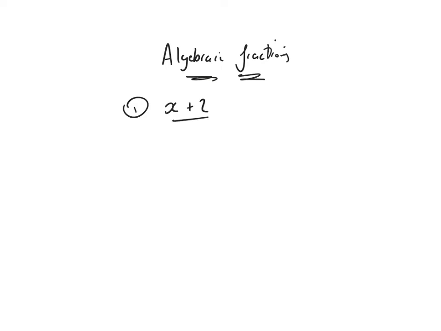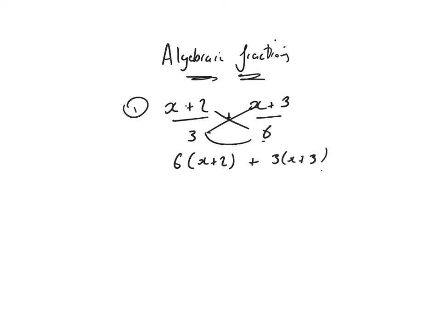Okay, x plus 2 over 3 plus x plus 3 over 6. So we're adding, so again it's kiss and smile. So x plus 2 times 6, well it's 6 bracket x plus 2, plus x plus 3 times 3, well it's 3 bracket x plus 3, over 3 times 6 is 18. Okay, just going to take the opportunity now to tidy up the top.